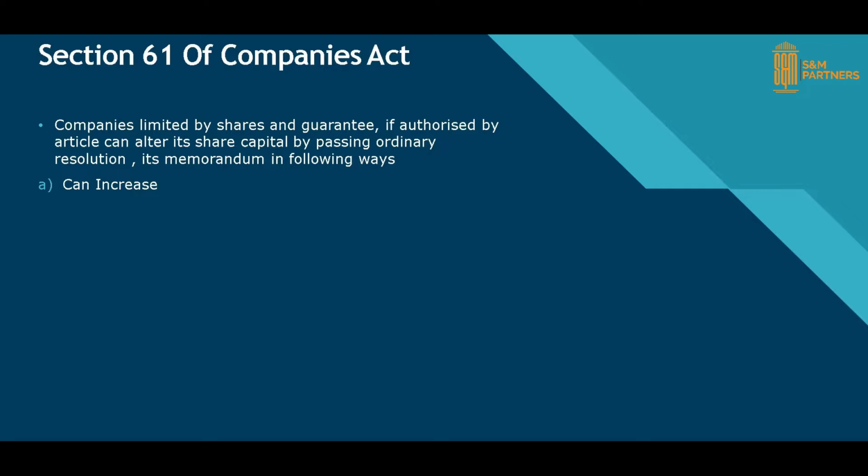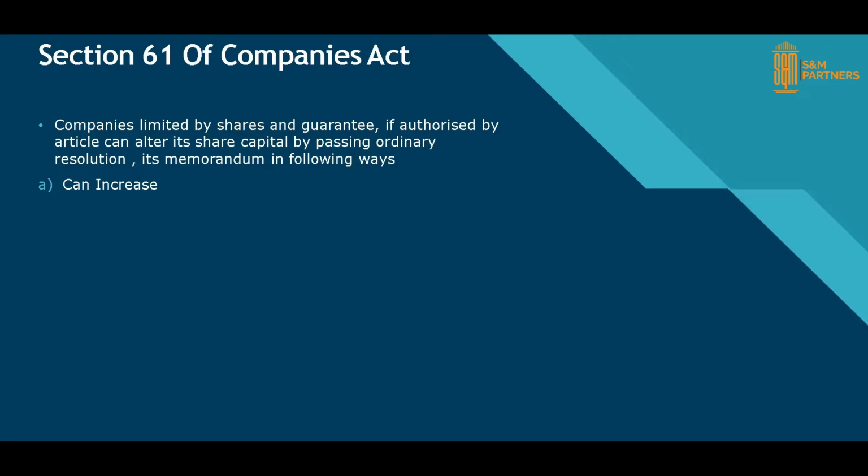Ordinary resolution means you don't need the permission of the tribunal to bring about a change in this particular segment. If the articles permit, then the alteration of share capital can be done.